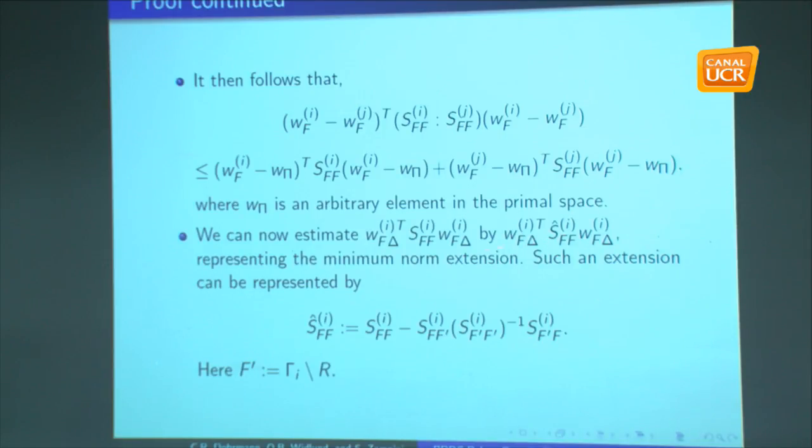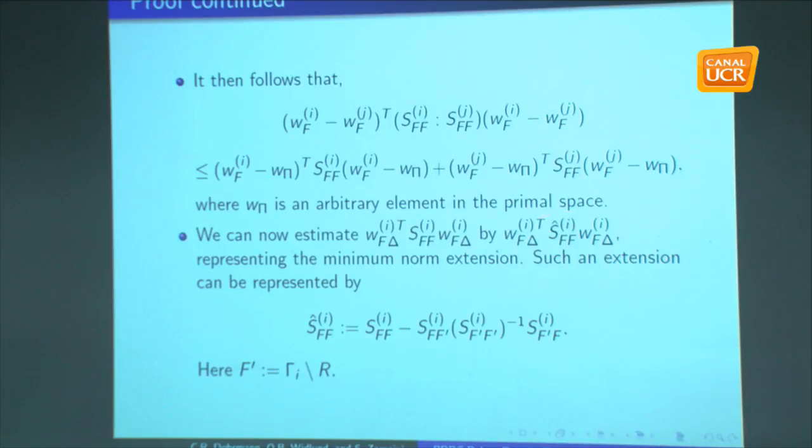Well, you take the same function and you extend it to the rest of the subdomain boundary using minimum norm extension. If you do that, then you can estimate the energy of any function whose restriction to the face is equal to this by the energy associated with the subdomain S_i.